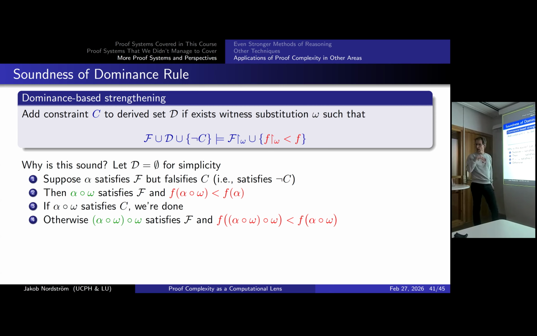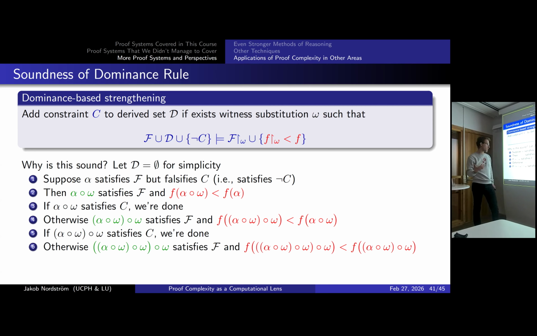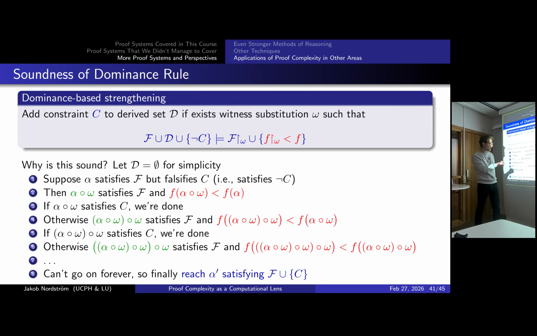Now, either C is satisfied and then we're happy, or let's do it again. I'm getting a strictly smaller integer, non-negative. And you see that this has to terminate. And so it has to terminate with some alpha composed with omega a number of times that only improves the objective and is satisfying my original formula and the new constraint.